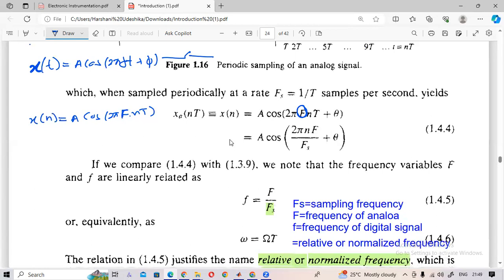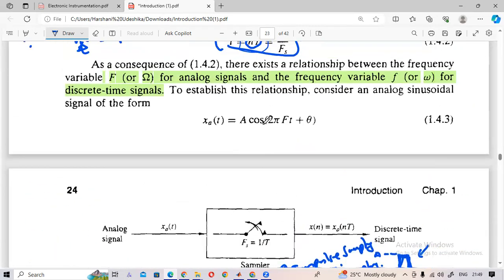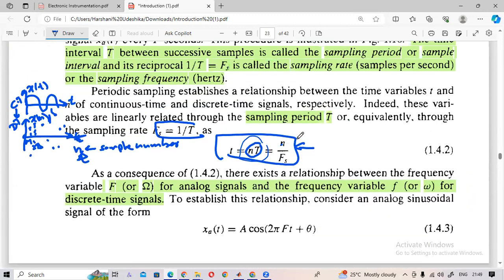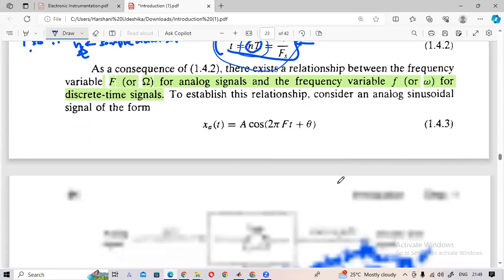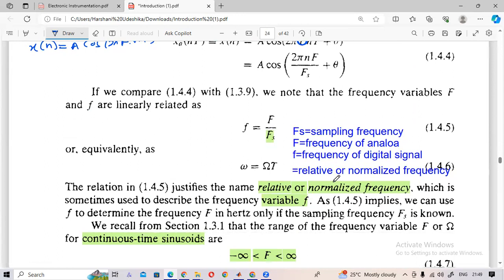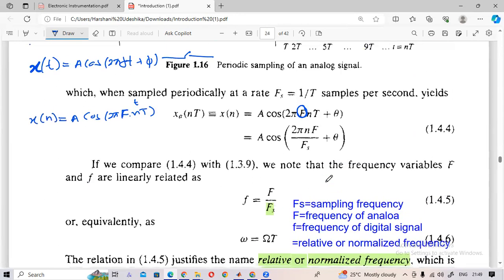So instead of t, we substitute nT, using this identity. Now you can see that in x(n), the phase shift φ is there and it is not changing.